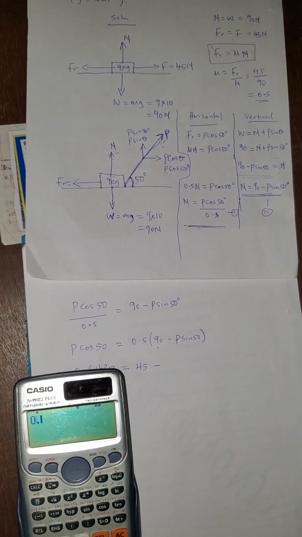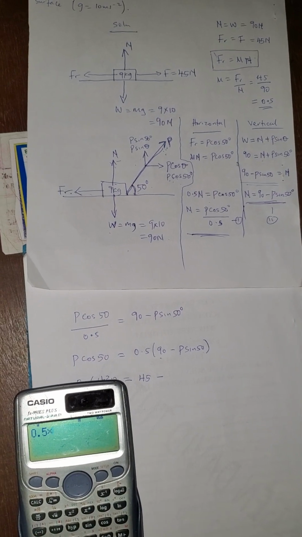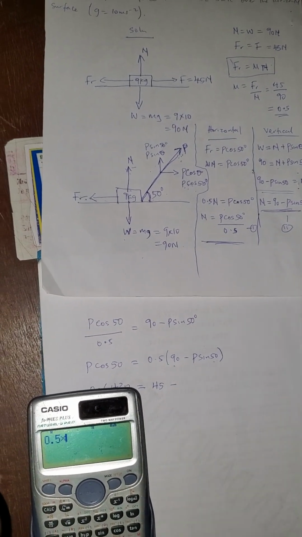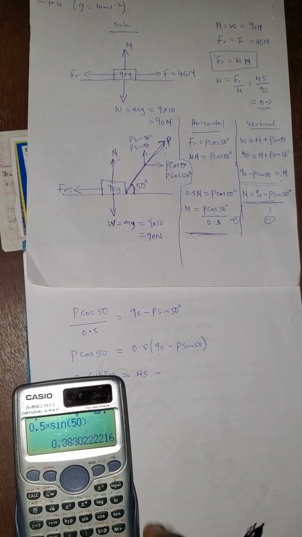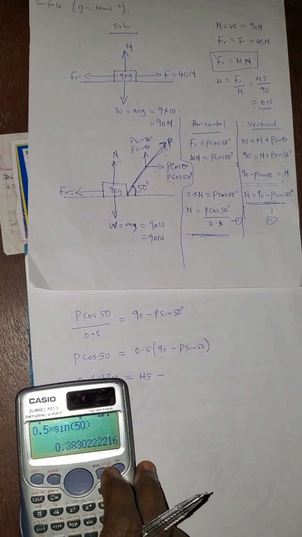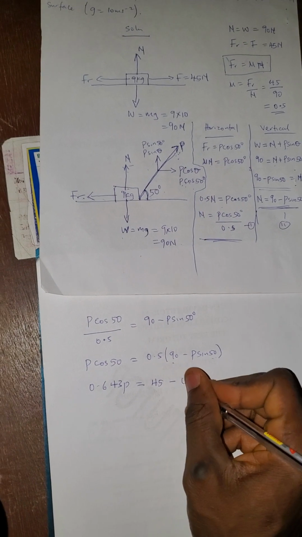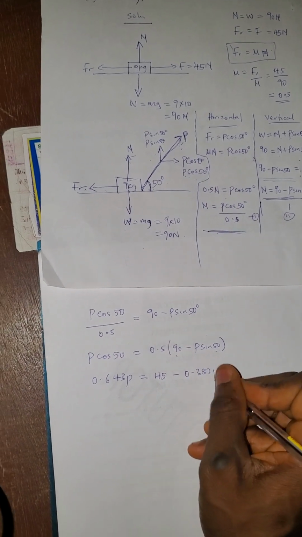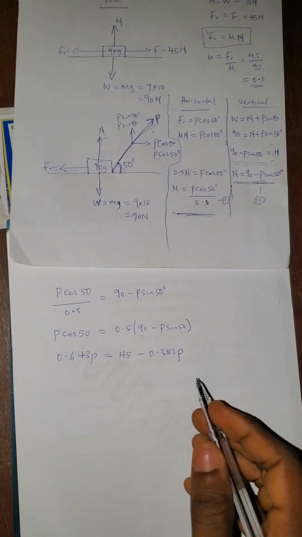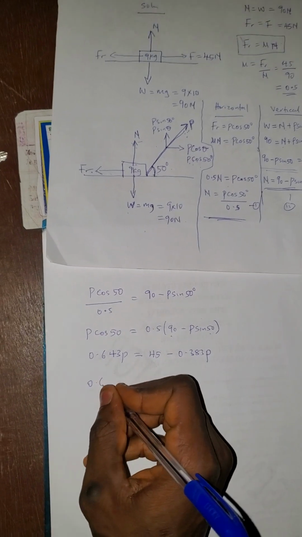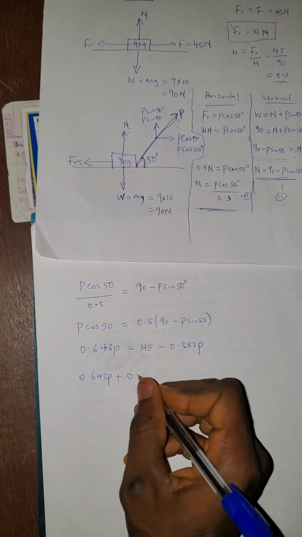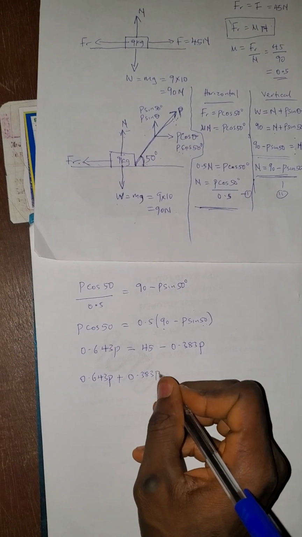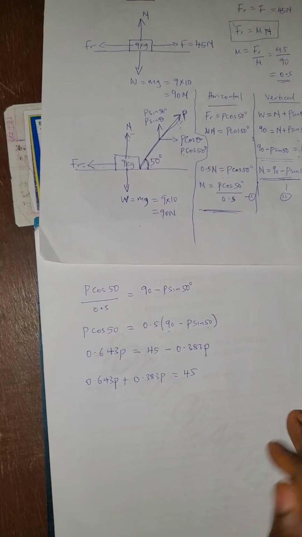So that will be 0.5 multiplied by sin 50, which will give us 0.383. So we have this to be 0.383P. Then let's take this one to the other side here. That will be 0.643P. If this one comes here, it becomes plus 0.383P to be equal to 45.